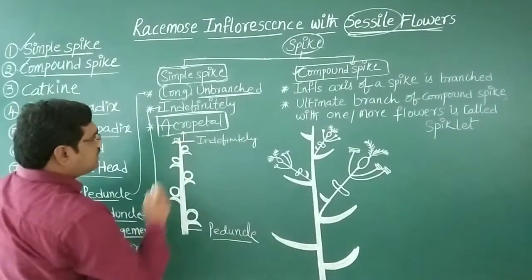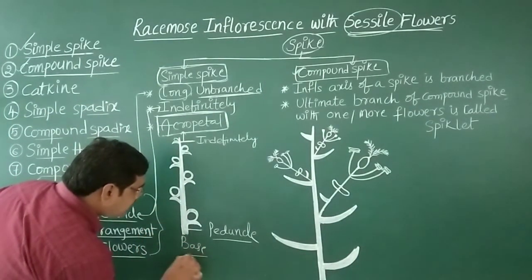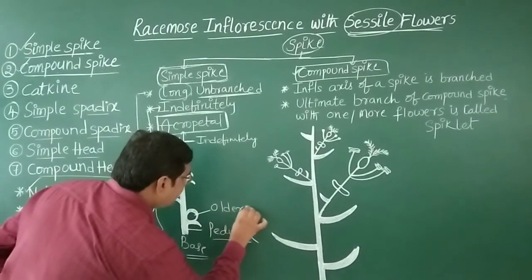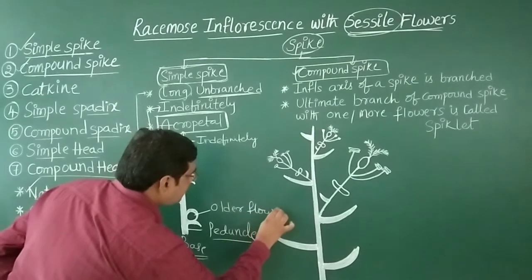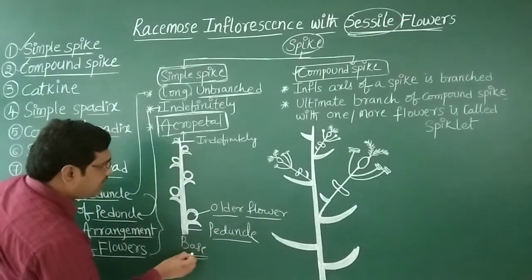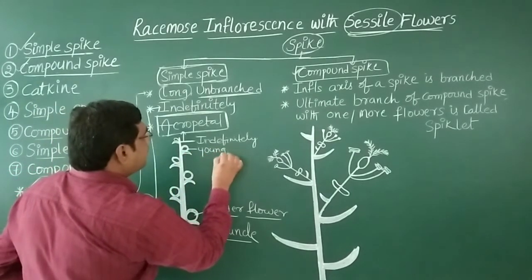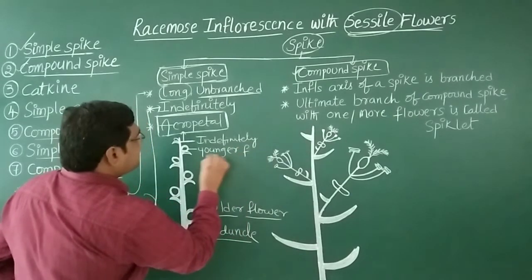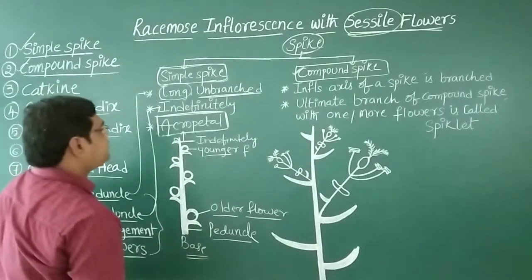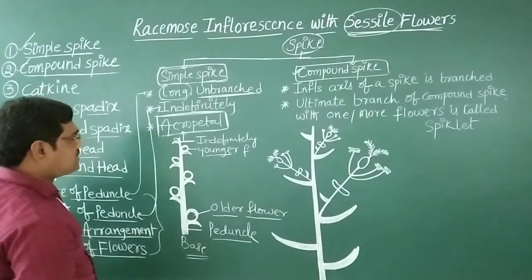What is acropetal succession? At the base of the peduncle, the older flowers are present, and the younger flowers are present at the top of the peduncle. This type of arrangement is called acropetal succession.